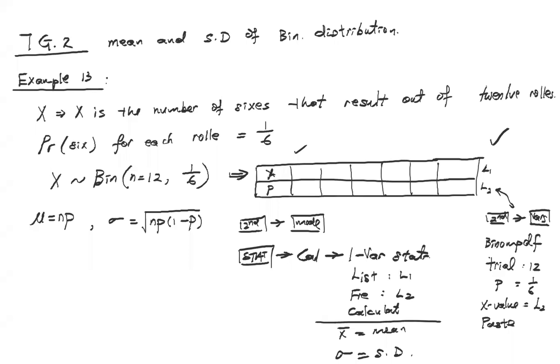So based on this formula, the mean we get here is 2, and the standard deviation we get here is 1.291. Okay, so now, instead of just saying the mean is the expected outcome, I'm going to make a statement for you. I think this is a better explanation of mean. So the mean is 2.